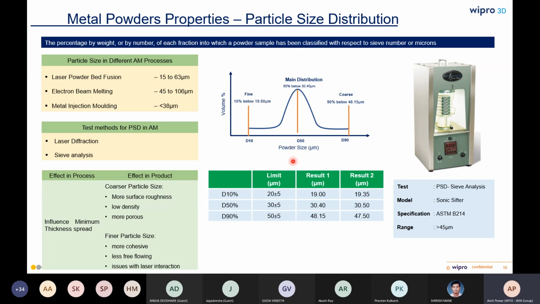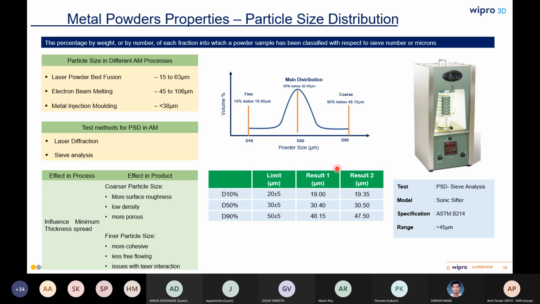When D50 is 30 micron, then 50% of powder is below 30 micron and 50% of powder is above 30 micron. And when D90 is 48 micron, then 90% of powder is below 48 microns. So when you do laser diffraction for powder, you get these three values: D10, D50, and D90, and this is the meaning of these values.